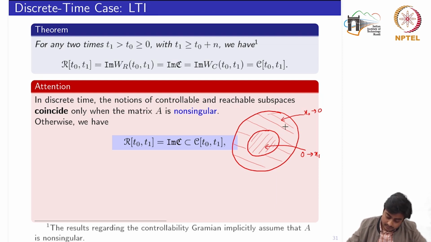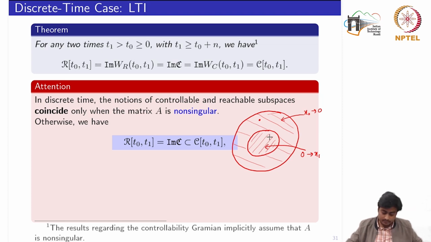So what does it tell us? Let's say I pick any point here. Then there are some states from which I can go to the origin, but starting from the origin I cannot go to these points because they are outside this subspace.